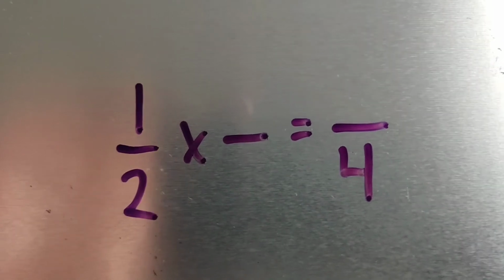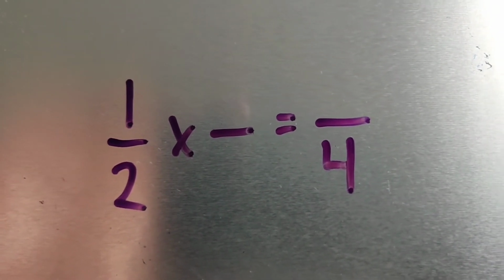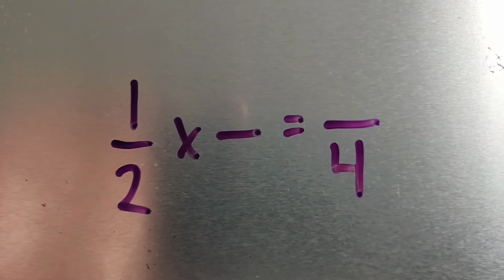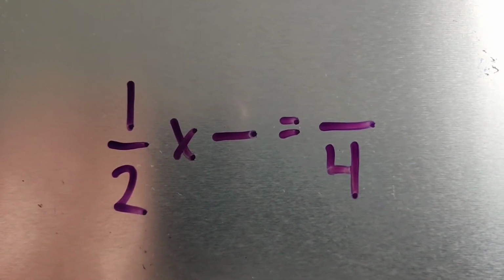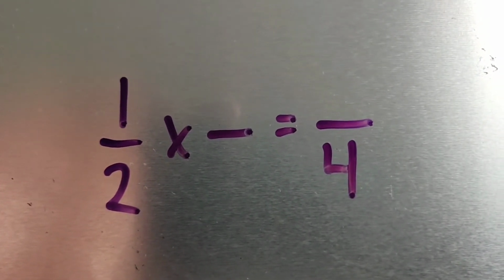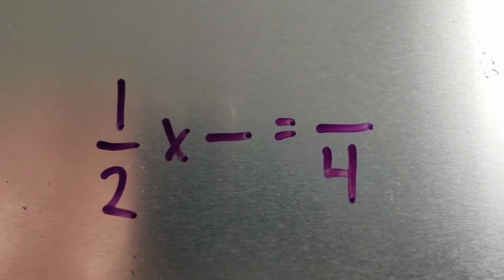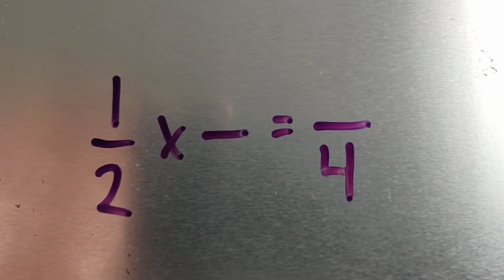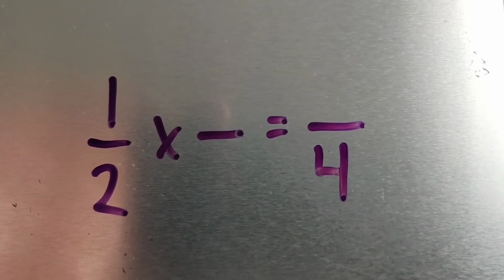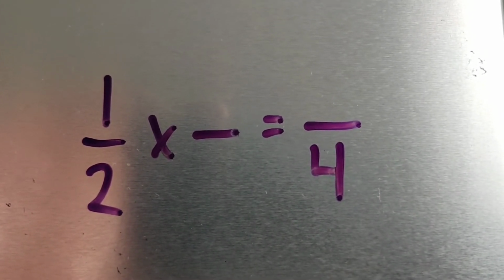Because we know that we can take a fraction with a denominator of 2 and express it as a fraction with a denominator of 4 by finding an equivalent fraction as long as we multiply our original fraction, 1/2, by the same numerator and denominator.